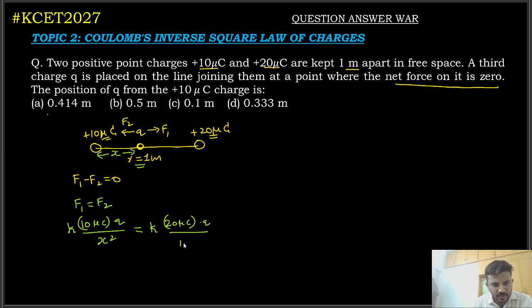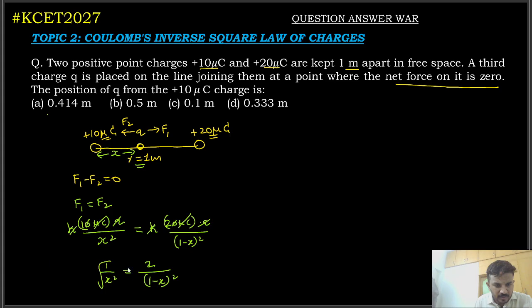R value is 1, so 1 minus x whole square. So microcoulomb gets cancelled, Q gets cancelled, K gets cancelled, you will have 0 cancelled. 1 divided by x square is equal to 2 divided by 1 minus x whole square.